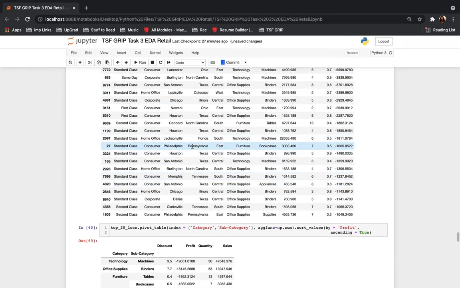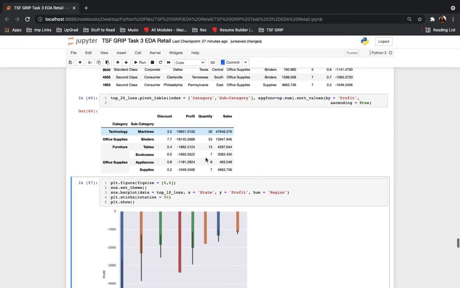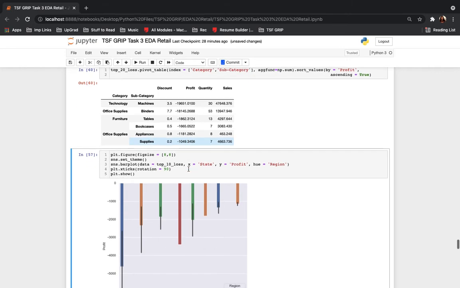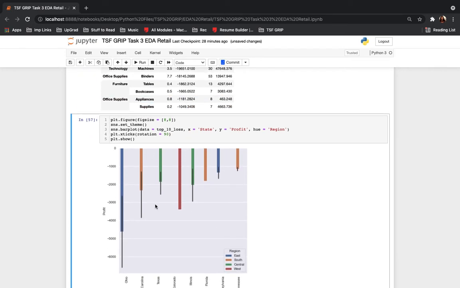So for this new data frame, what I've done is I've taken a pivot table again for category and subcategory and summed it and kept profit with ascending equals true. So we can see the highest losses in that order. Right? And this is again represented in this bar plot.